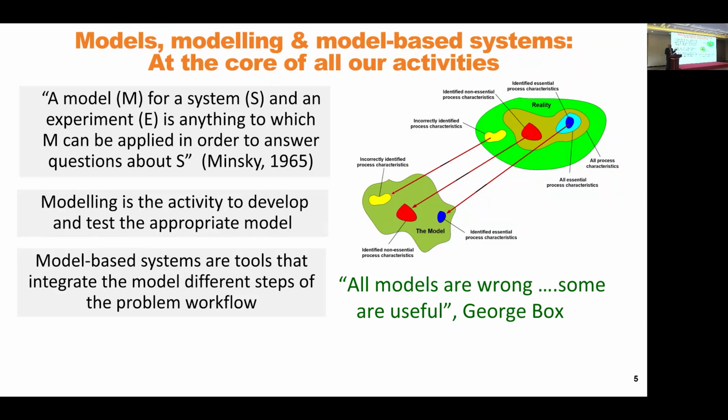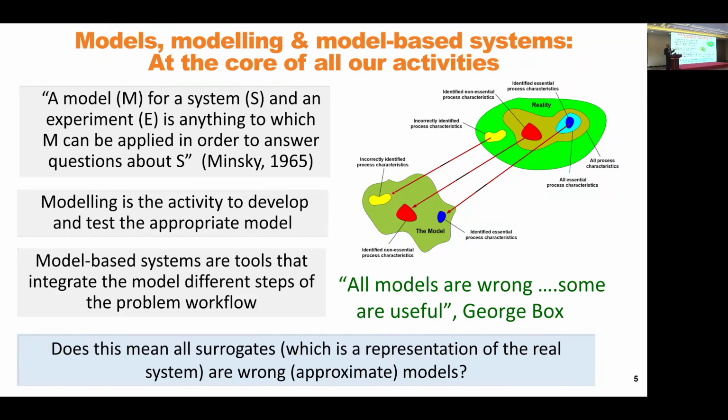At the same time, I will put also from the Oxford Dictionary what is meant by surrogate. Surrogate is an approximation of the real system. So if I take these two combined together, does this mean that all surrogates, which are a representation of the real system, are wrong or approximate?